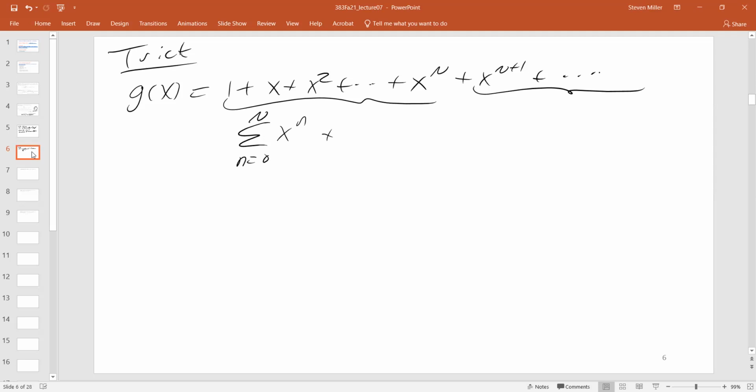It's a geometric series. So I can write that as x to the n plus 1 times g of x. If you want to do the analysis, I can avoid having to deal with an infinite sum by saying that the tail of a geometric series is a geometric series again, and I have this factor x to the n plus 1 outside.